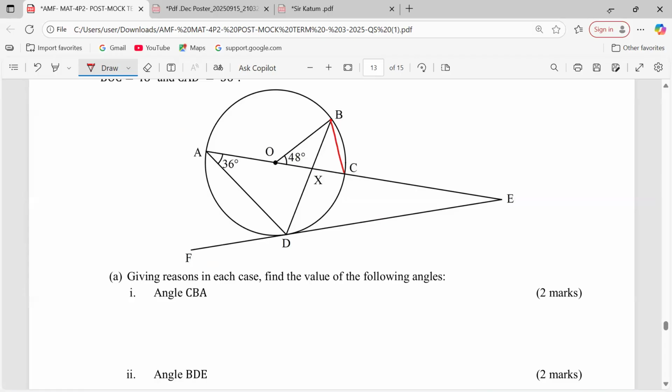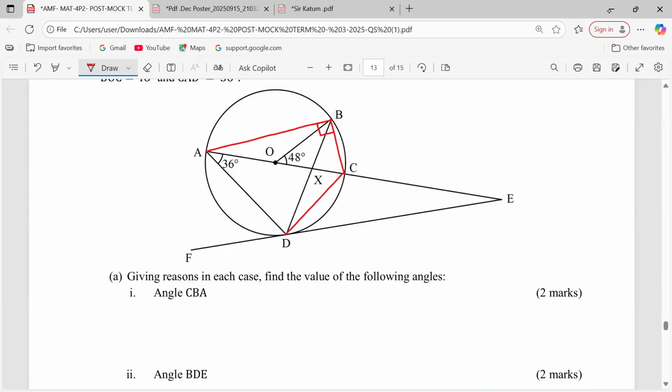Let me do a straight line like that, and also have this one. Look at that. So the angle CBA means the whole of this angle.